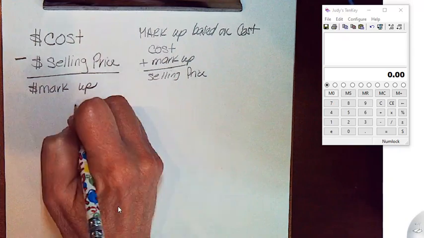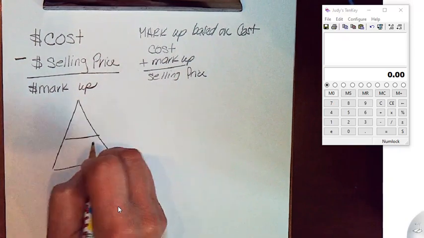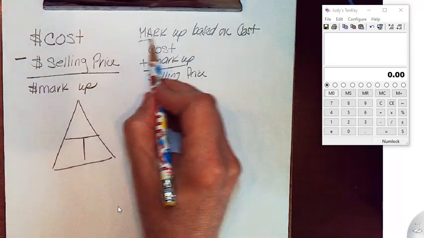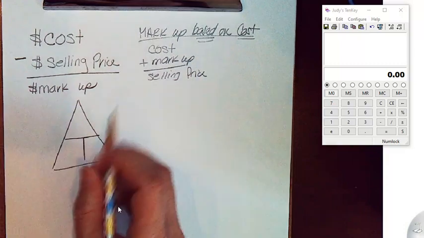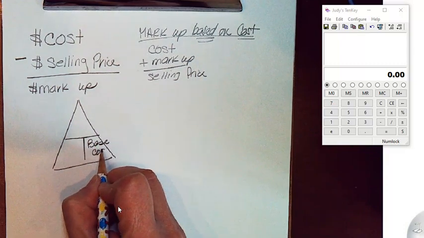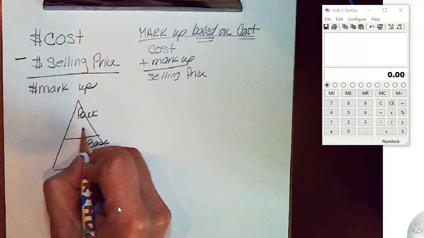So, if you're not accustomed to algebra, you might want to try the triangle method. If markup is based on cost, this is the base, which will be cost. This is the part, which will be markup.